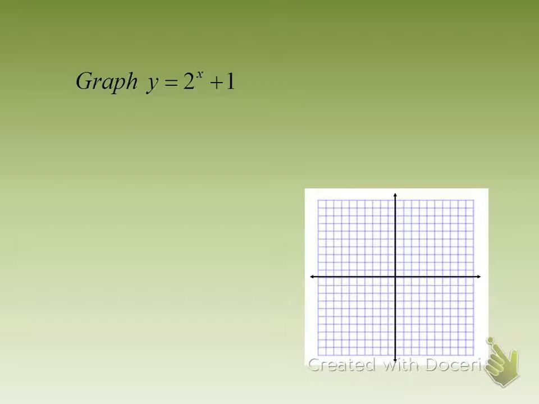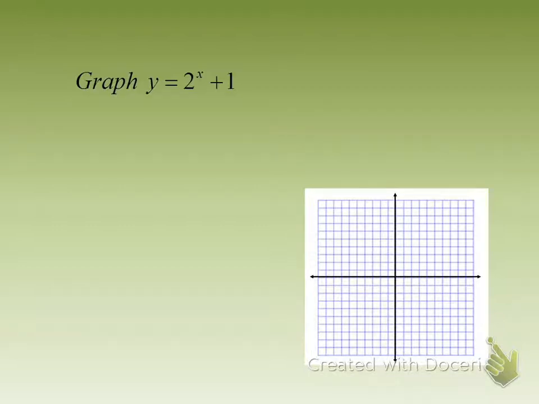Because it moved everything up 1. Okay, makes sense? It shifted everything up 1. So that's going to shift that line that you don't cross, that asymptote line, up 1 as well. Okay? So when it moves it up 1, that means you have to make sure you move it up 1 when you go graph it.